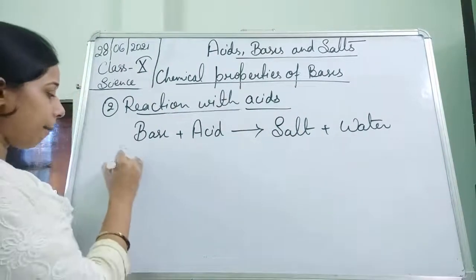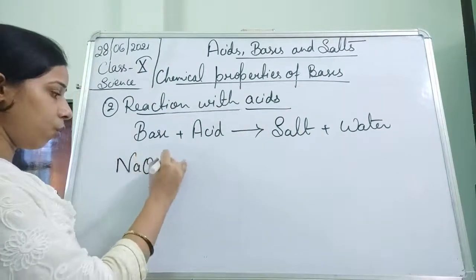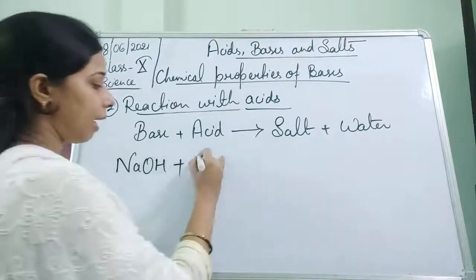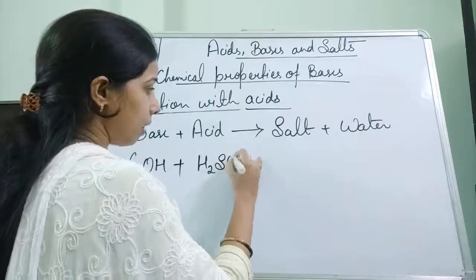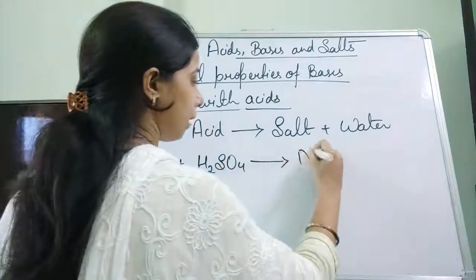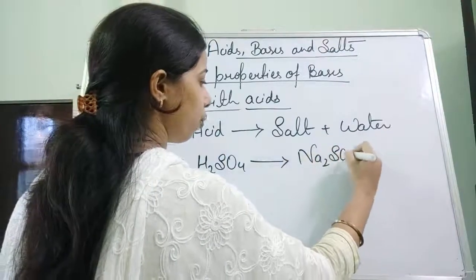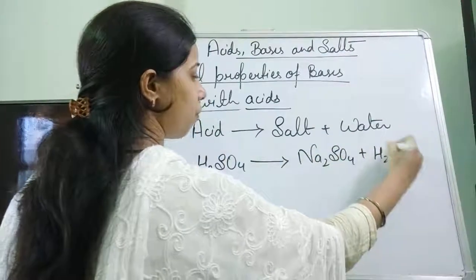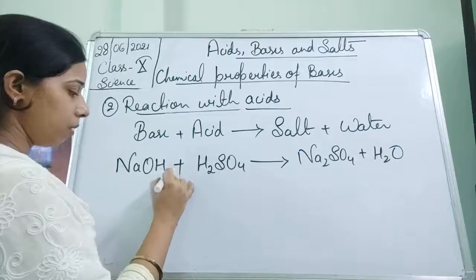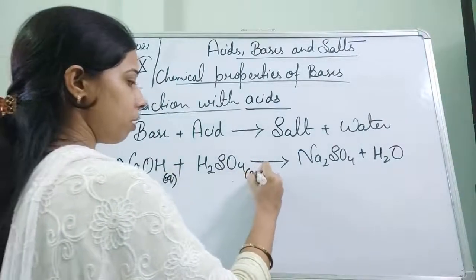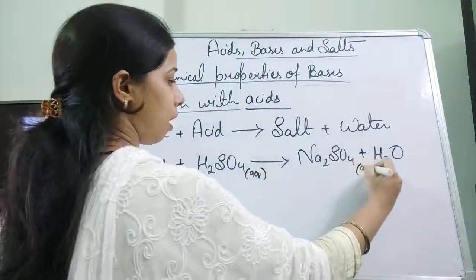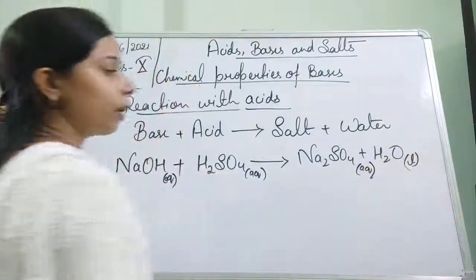Now taking an example here, sodium hydroxide NaOH, when it reacts with an acid like dilute sulfuric acid, then a salt is formed, that is Na2SO4, plus water. This is aqueous, this is also aqueous, and you know that water is always liquid.